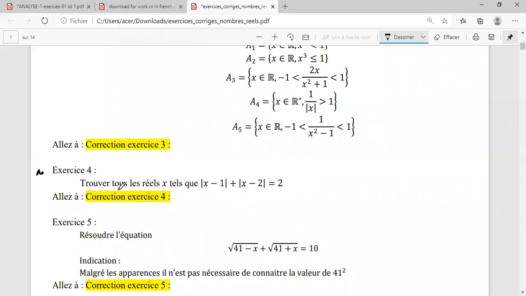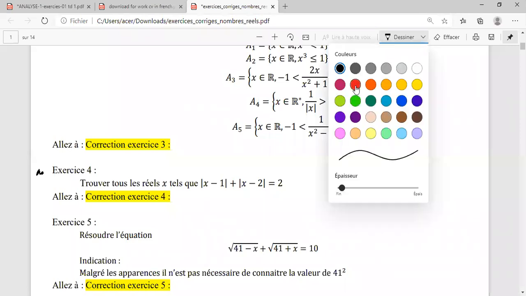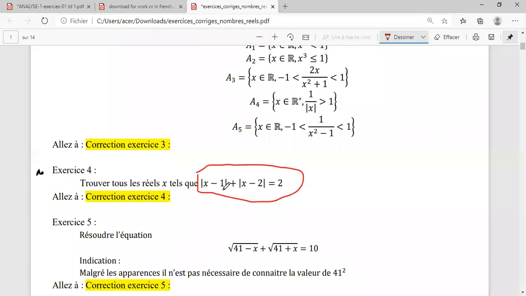So the first question that I had here is: trouver tous les réels x tel que on a, modulus of x minus 1 plus modulus of x minus 2 is equal to 2.